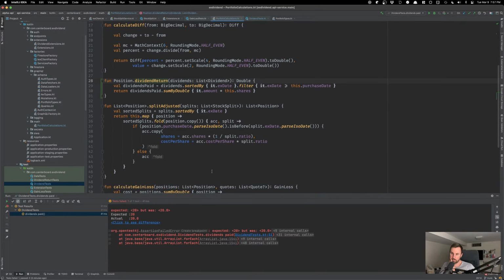And so every time we pay a dividend, we ask, how many shares do we have at a given point? And then we multiply that by what we get. So let's try that.